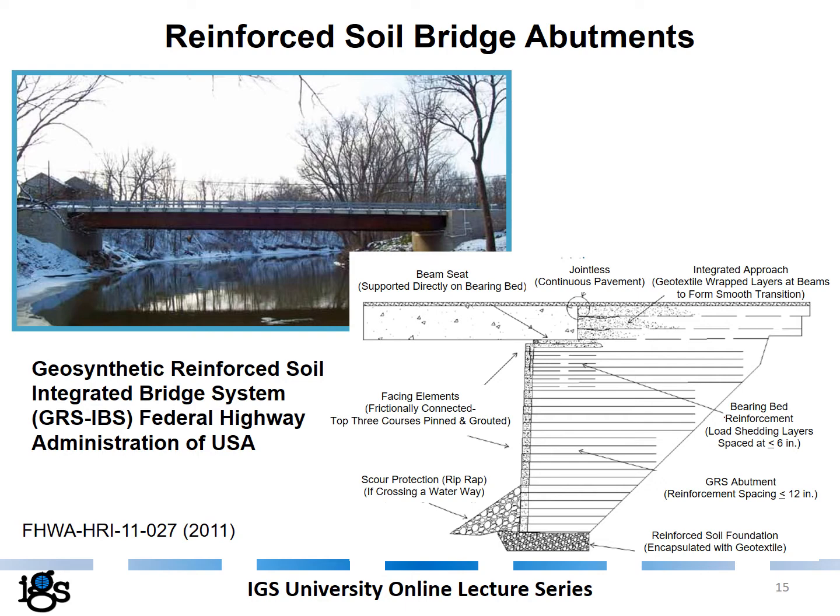There are many types of such systems where the bridge deck sits directly on reinforced soil. The one we show here on the sketch is a typical type, which is called the Geosynthetic Reinforced Soil Integrated Bridge System, or abbreviated as GRS-IBS, which is promoted by the Federal Highway Administration of USA.